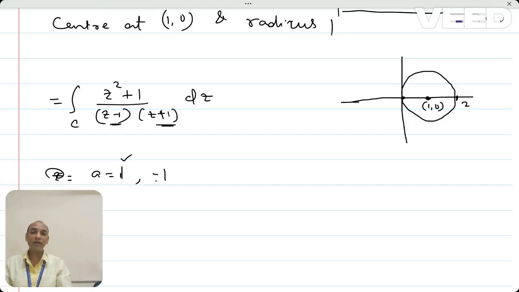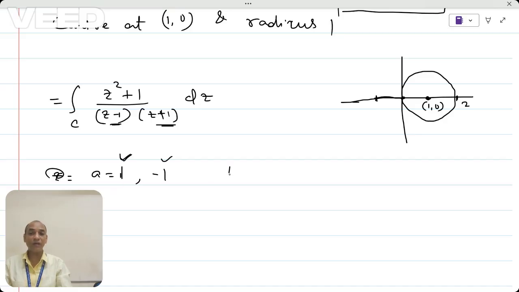If I take a equal to minus 1, that will be on the negative side of the x-axis. These are real values, so whether they lie inside or outside depends upon the x-axis.